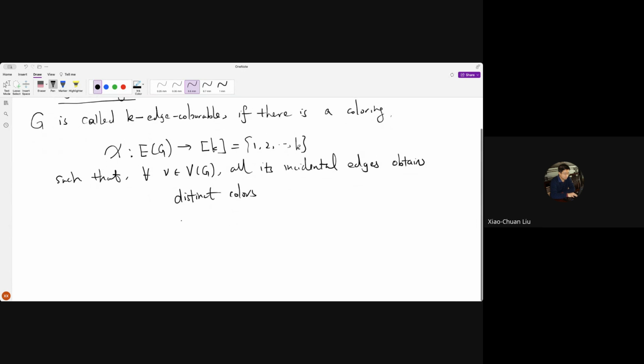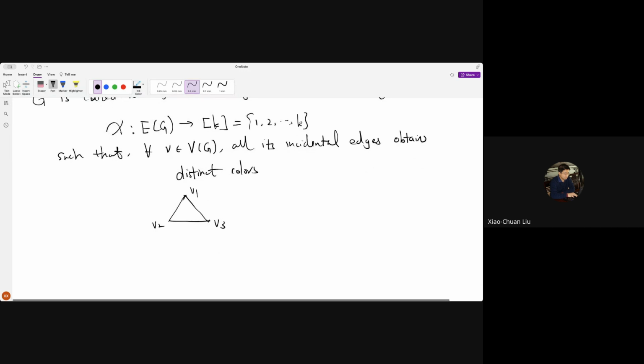By definition, if I have a triangle, for example V1, V2, V3, I have to assign colors. I put color 1 to this edge, color 2 to this edge, and I have to put another color 3 here. You see? So 2 colors are not enough to give the triangle a proper coloring.